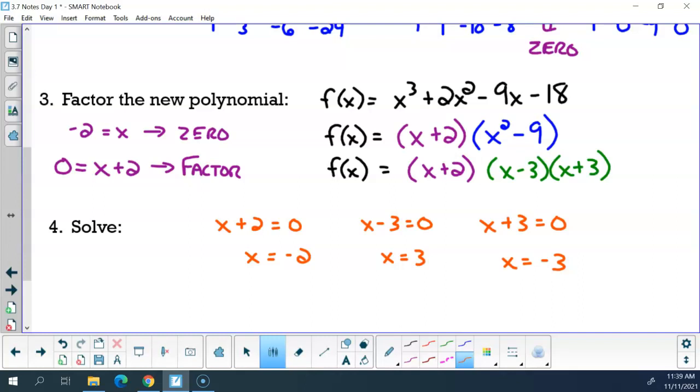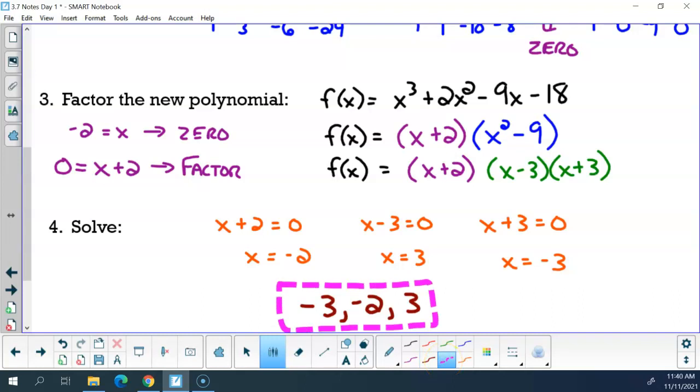There's more than one way to get from here to Mosinee. There's multiple paths. So our answers then, our 3 zeros, are negative 3, negative 2, and positive 3. Or if you wanted to go negative 2 and plus or minus 3, that's fine too.